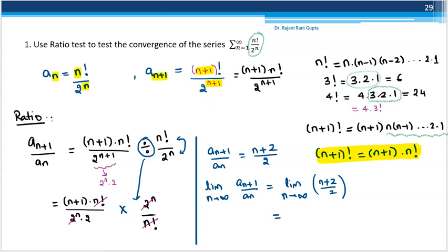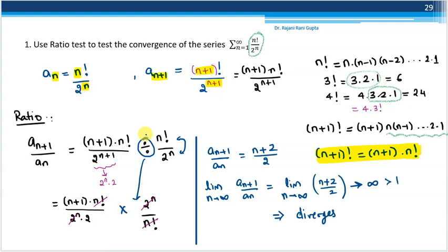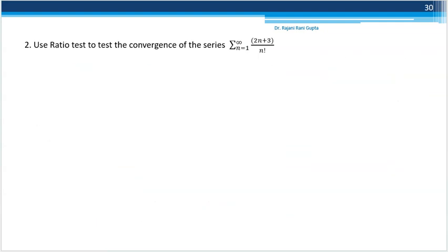As n is in the numerator and the denominator is just a number, this value approaches infinity. So you can say that the series diverges. Why does it diverge? Because it approaches infinity, and infinity is greater than 1. Okay, so it diverges. But it's clear by itself, going to infinity, so it is divergent.